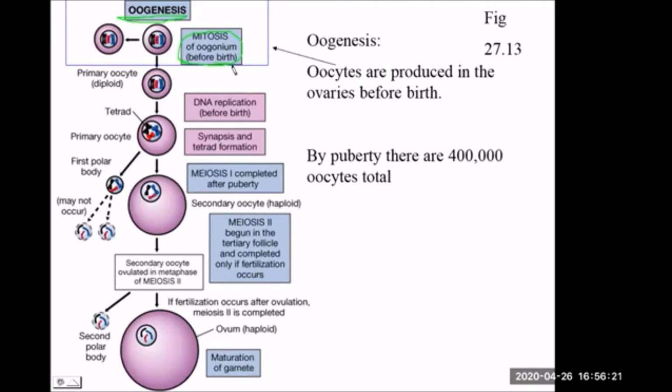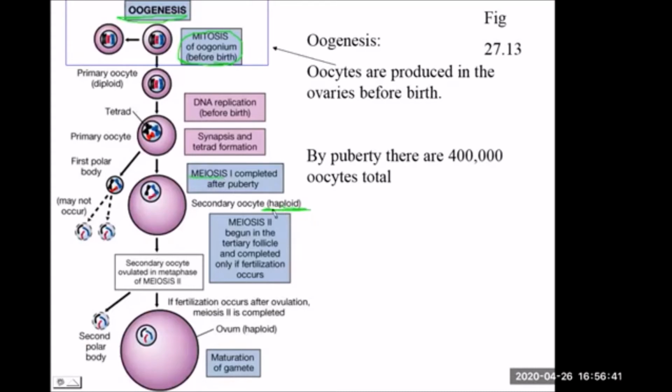Once the girl reaches her reproductive age, there's, of course, the differentiation of the stem cell that now starts to divide its chromosomes. Through that process of meiosis, once again, a haploid cell is produced.